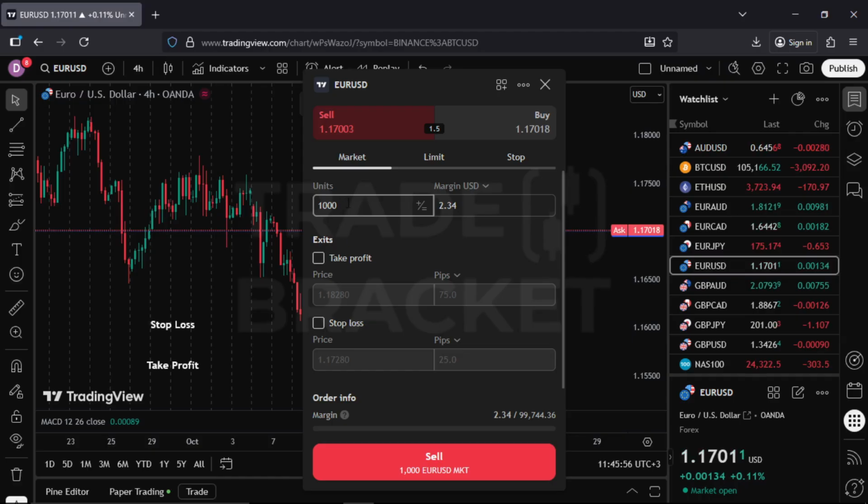All right, remember when we were talking about the lot size, we covered something called the units. We said if it's 100,000 units, that represents a standard lot, and a standard lot is one lot size. Remember that.